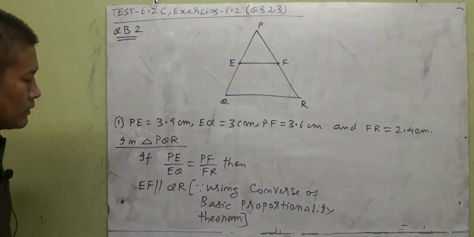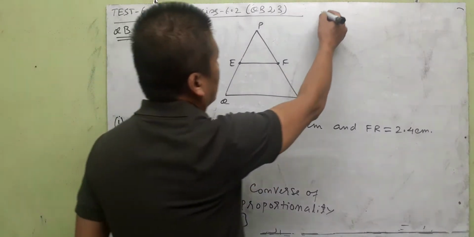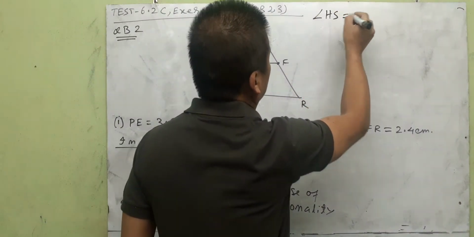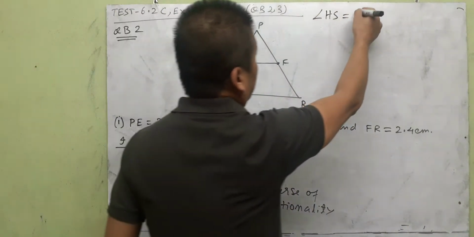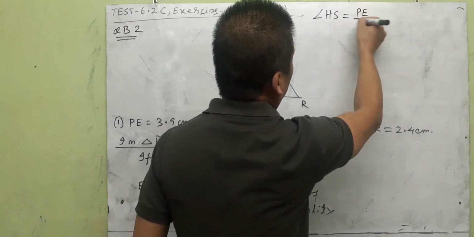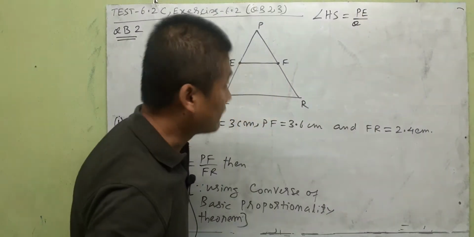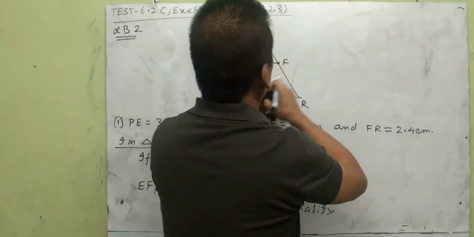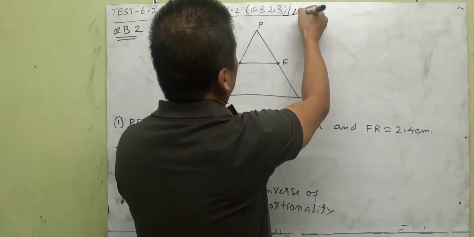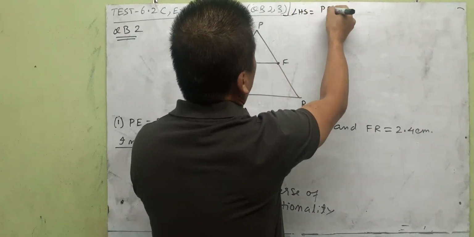Okay, so let us take out the left hand side. Left hand side is equal to PE by EQ.